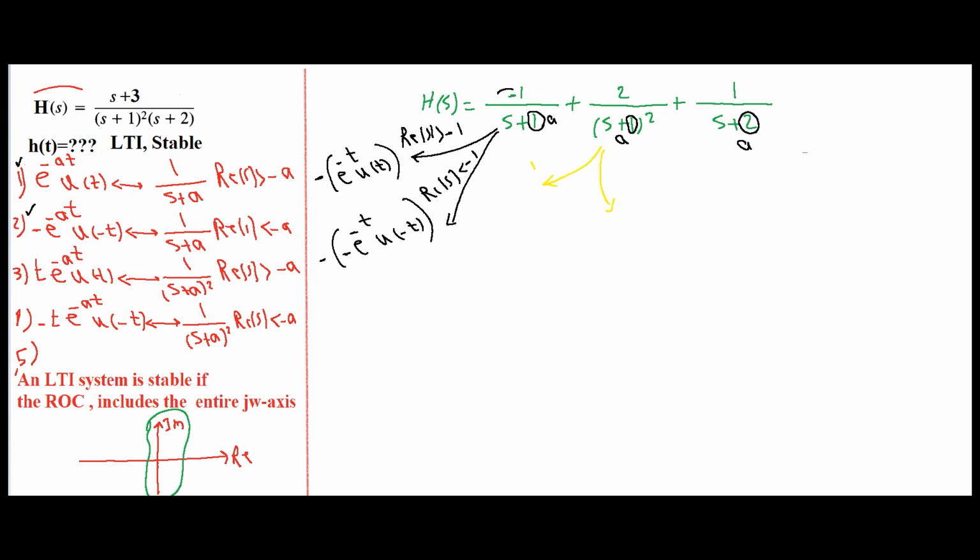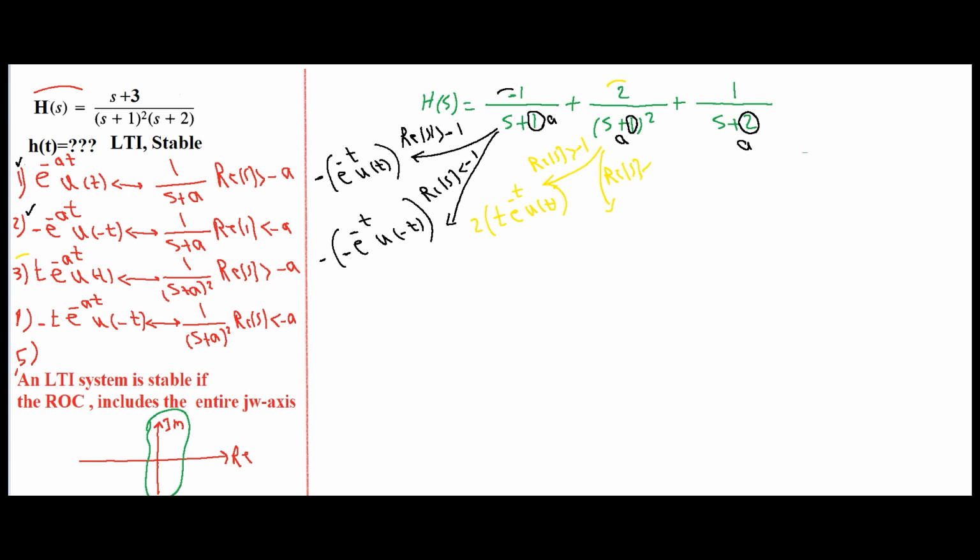Therefore, with the coefficient 2, if real s is greater than minus 1, the inverse Laplace transform is 2t e to the power of minus t u(t).